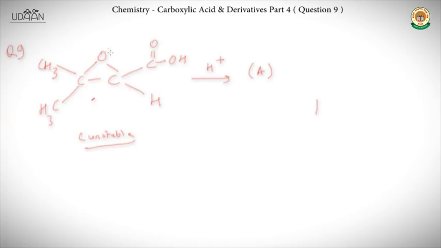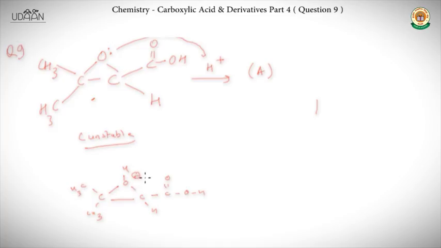Therefore, H plus, we know that oxygen has a lone pair over here. So as oxygen has a lone pair, it will attack H plus and form C double bond O H plus, with H, CH3 and CH3 here.